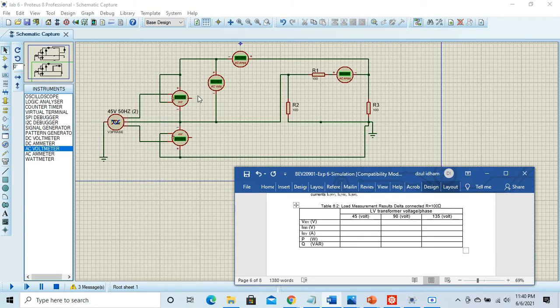That's different because this is the phase current. Okay, let's do it.